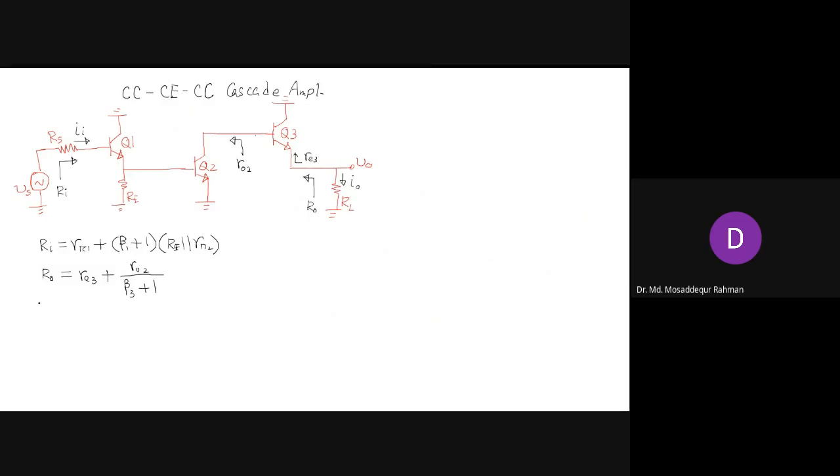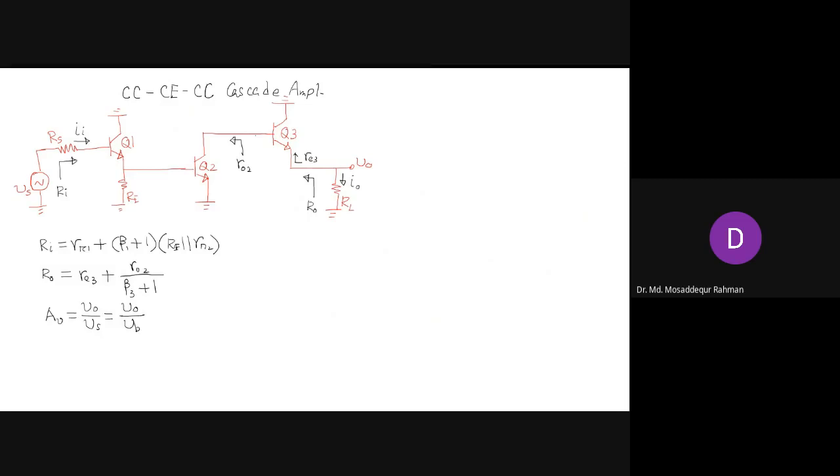And now the voltage gain. What will be the voltage gain? Right. So there are 3 transistors, and we have 4 gain expressions.